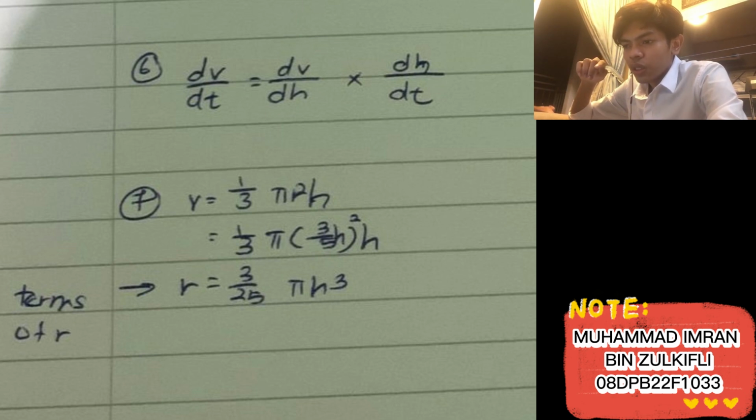We define r based on the first equation, so we substitute 3 over 5 h for r in number 7. It is going to be 1 over 3 pi multiplied by 3 over 5 h squared multiplied by h, which gives 3 over 25 pi h cubed. Alright, thank you.